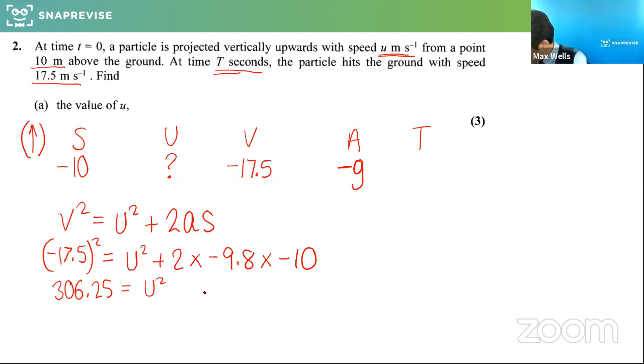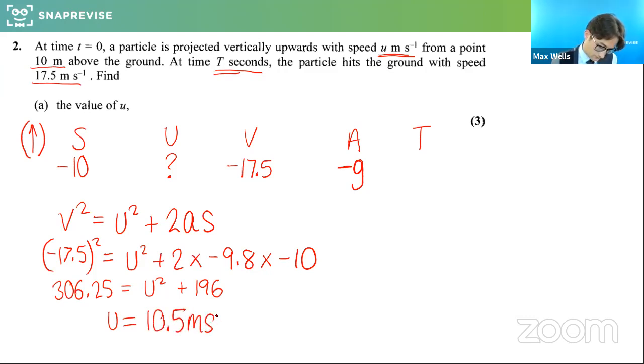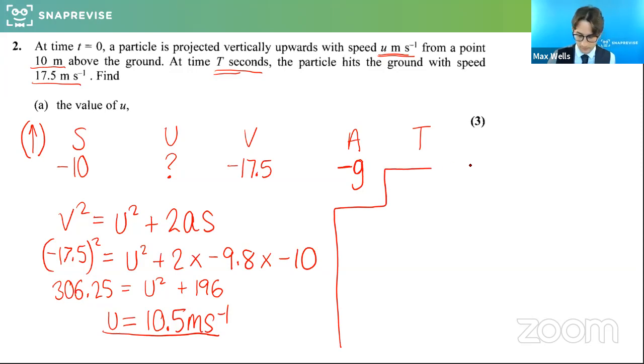Let's just double check, and then we're going to minus 196, and then square root. So we get U coming out as 10.5 meters per second. Okay, now, if you struggled visualizing that, I'm skeptical about explaining it a different way because I don't want to put people off if they got that.